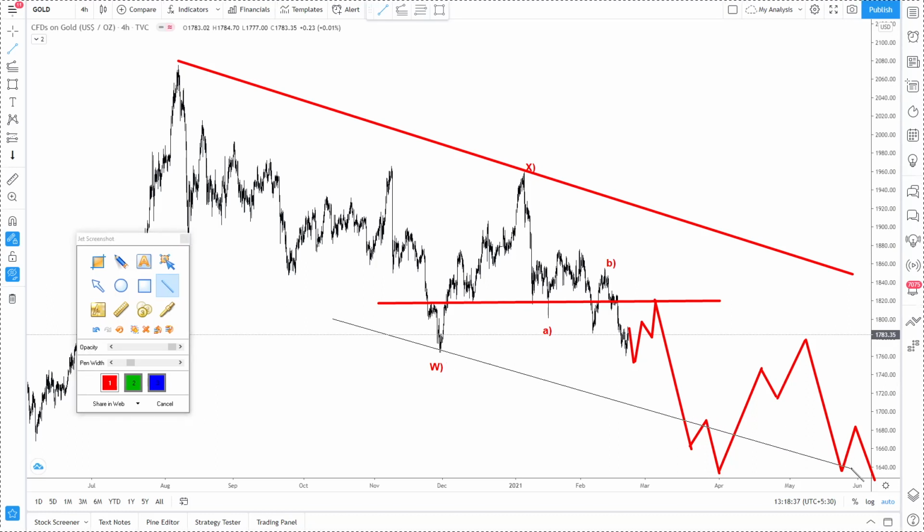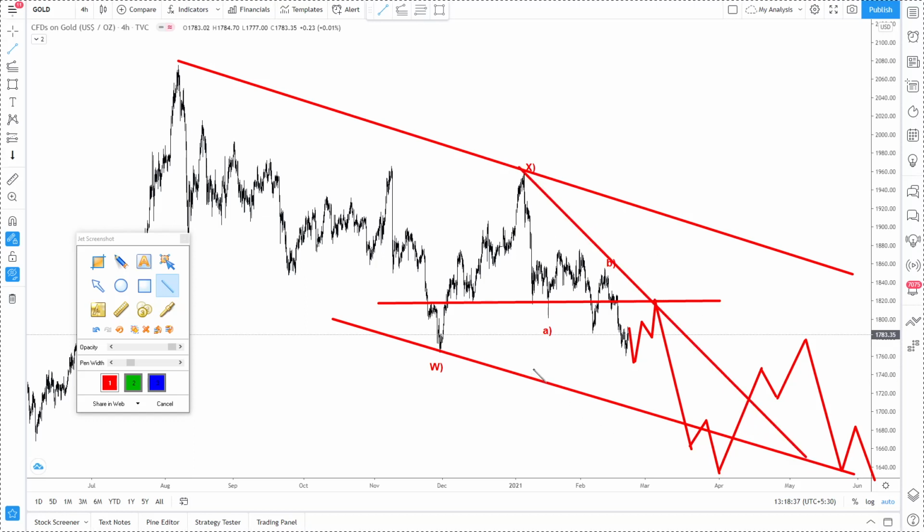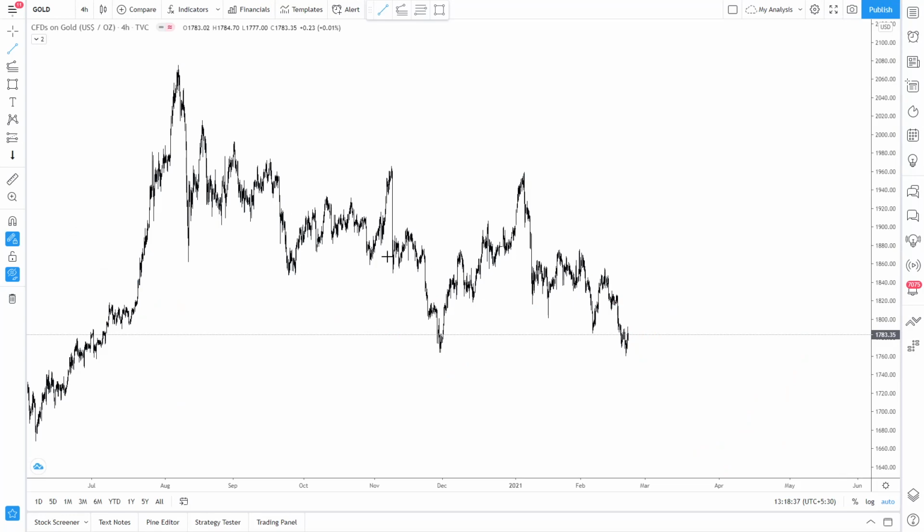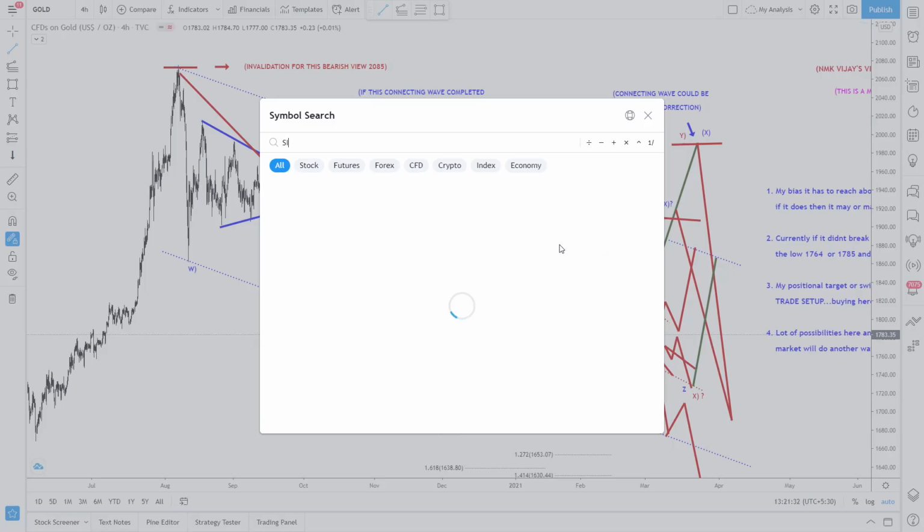That is my view for this week. Or if it breaks this, again we need to change our channel like this. So for example, I'm saying we have to do like that. So this is my view. We will look at silver next.